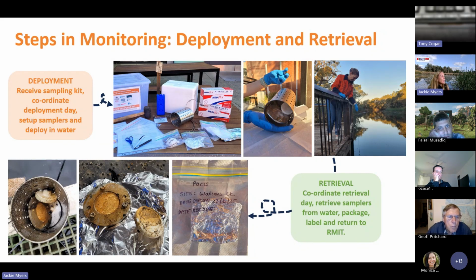Then they'll be wrapped in foil and placed into a labelled Ziploc bag, with details like the site it came from, the sampler type, when it was deployed and when it was retrieved. The samples will then be returned to us at RMIT for the subsequent steps.